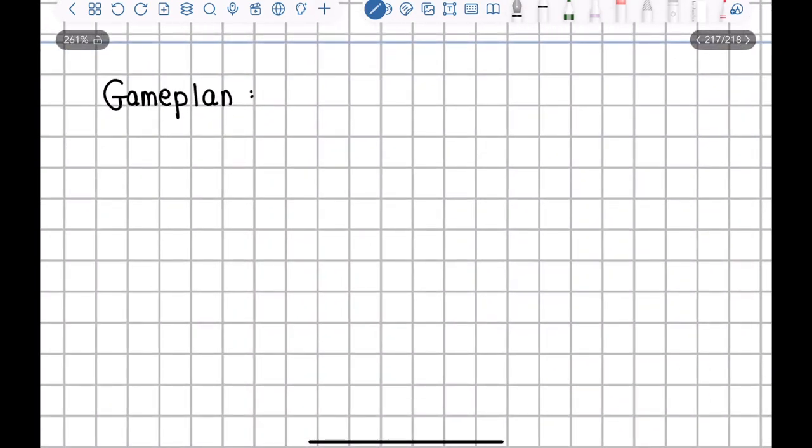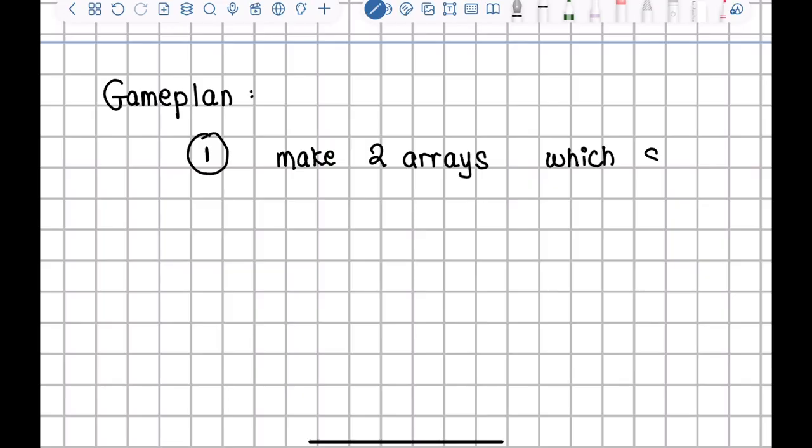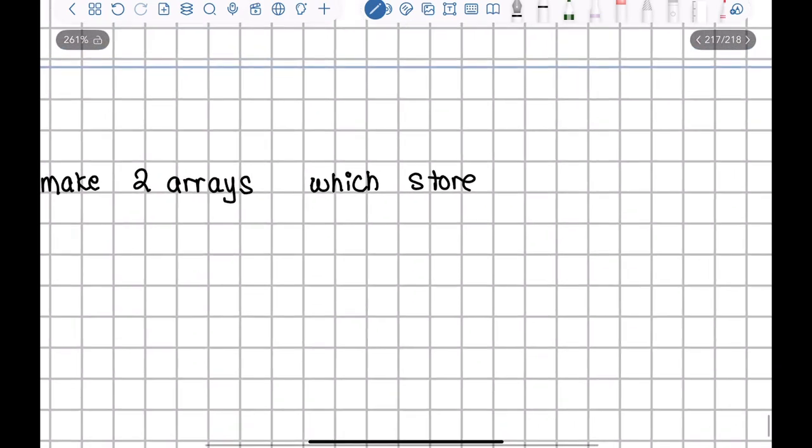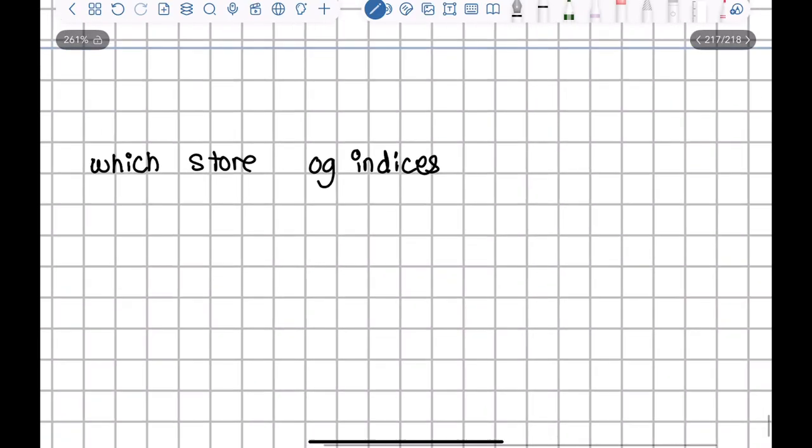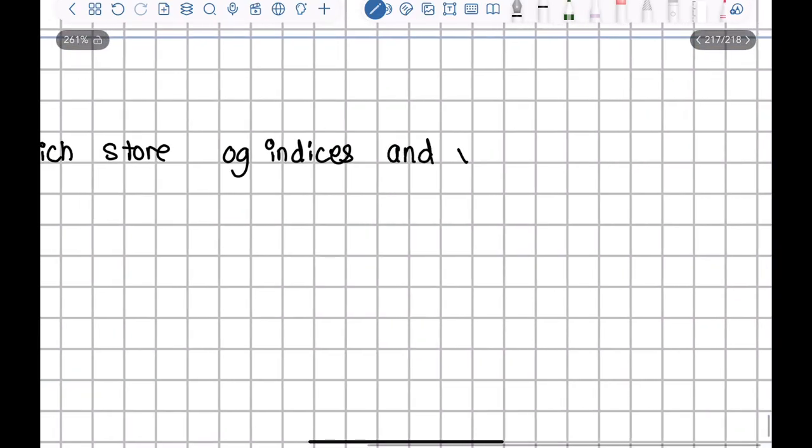Okay, so what is my step 1? My step 1 is nothing but to make two arrays which store original indices and values, right?